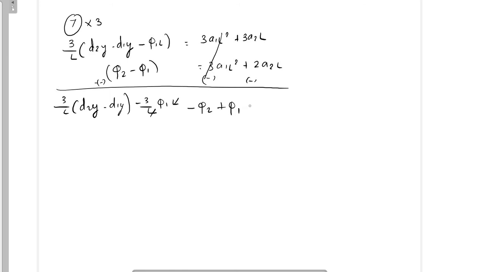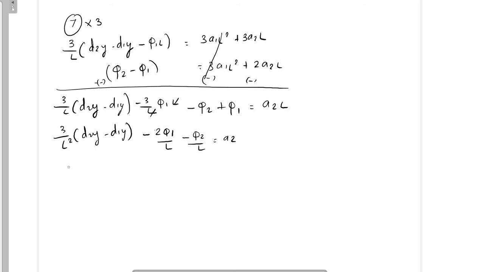So these are the terms on the left side of this equation. Right side we have 3a2 minus 2a2, so it is a2L. So we are going to find out the a2 value. So divided by L, it is 3 by L square d2y minus d1y minus 3 pi 1 and plus pi 1. So minus 2 pi 1 by L minus pi 2 by L, which is equal to a2.